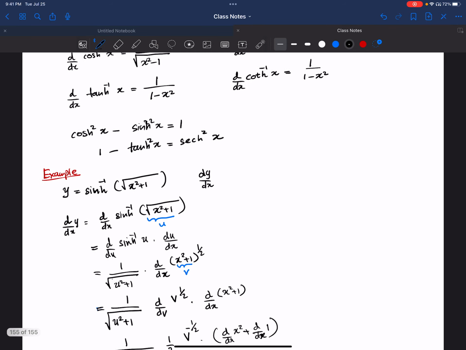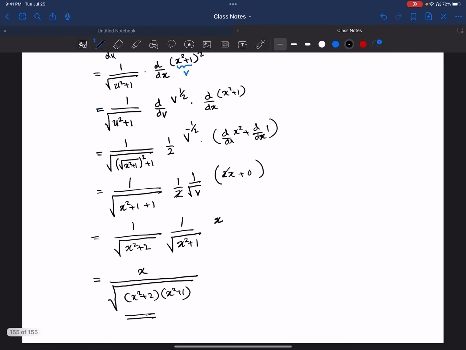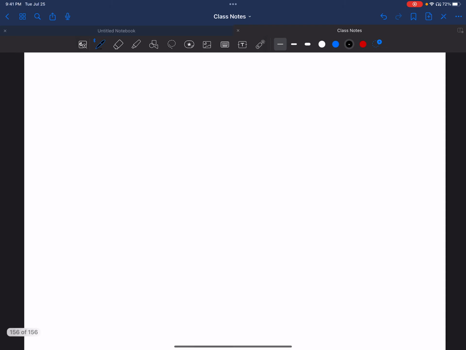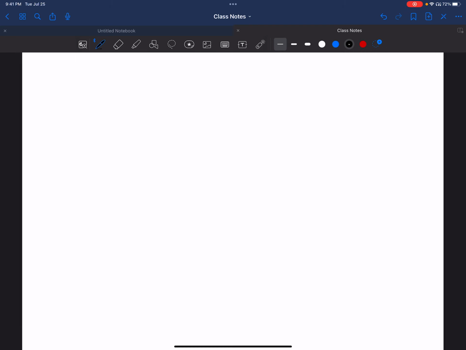This is how you use the derivatives of inverse functions as well as the chain rule to solve problems. Let's take a look at another one. y equals e to the power cos inverse x. Now we can again apply the chain rule by letting u equal cos inverse x. What we're trying to find is dy over dx.